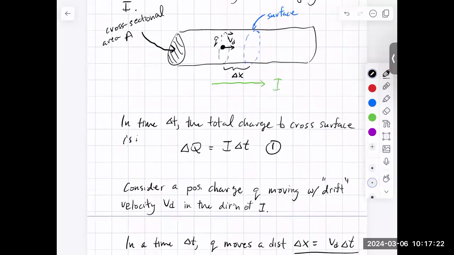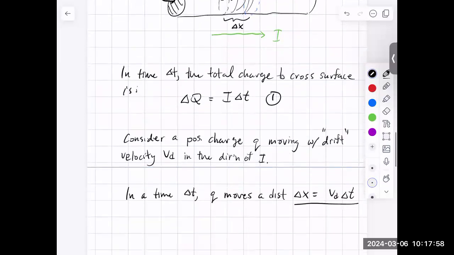But if that charge, a distance delta X away, reached the surface in time delta T, then any other charge between the blue circle and the black one is also going to cross that blue surface. And so if we could count how much charge is inside this shaded cylinder, that's the total charge that will cross the surface in time delta T, and we can use that to make a second equation for this delta Q.